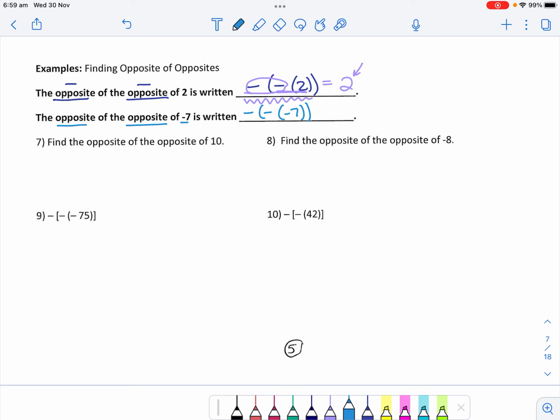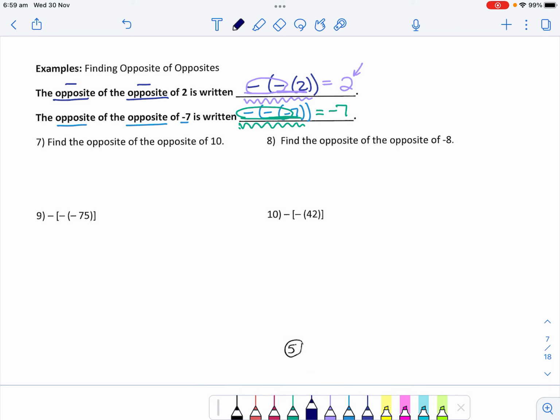And when I look at it from the inside out, the opposite of negative 7 is a positive, and then the opposite of that positive is going to be back to a negative. There's 3 negative signs, and my answer came out negative. So when I have an even number of negatives, my answer is going to come out positive. When I have an odd number of negative signs, my answer is going to come out negative.